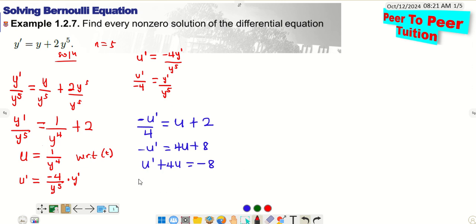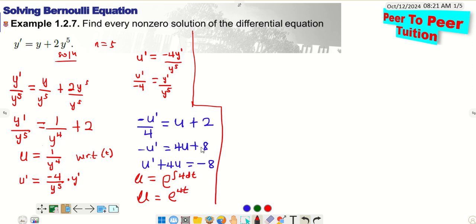From here we can see that our integrating factor is going to be e to the power of the integral of 4 dt. By solving this one, we will get e to the power 4t as my integrating factor.